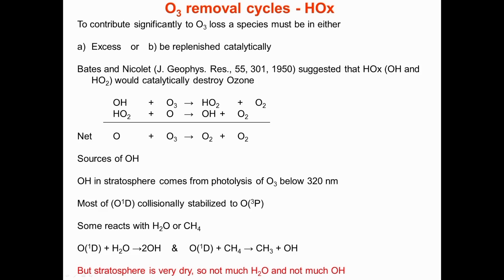In order to get rid of ozone, you can do two things. Either you've got to have something that is much, much more abundant than the ozone, or something that's regenerated. What do we call something that's regenerated in a chemical reaction?